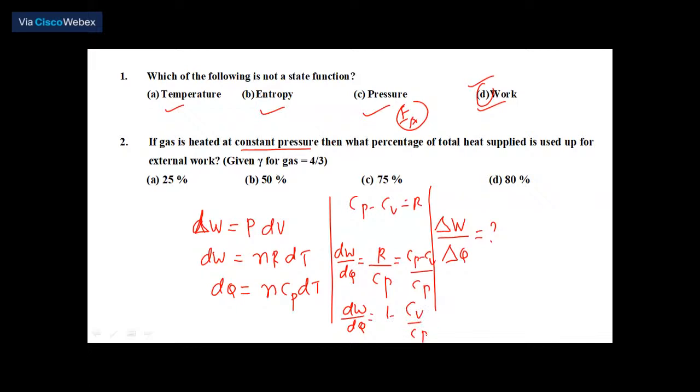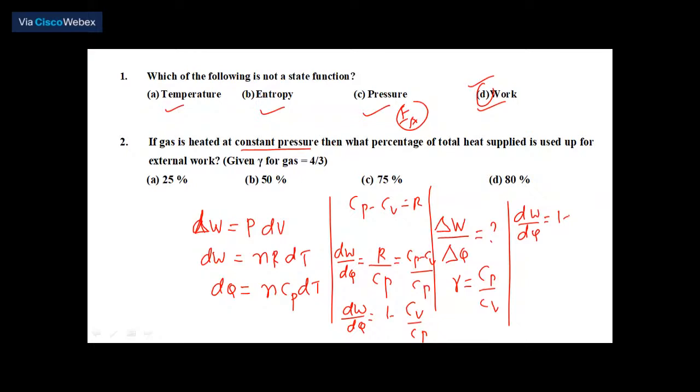But we know that gamma is equal to Cp divided by Cv, ratio of specific heat capacities. Therefore, dW divided by dQ is equal to 1 minus Cv divided by Cp, but we know that Cp divided by Cv is gamma.